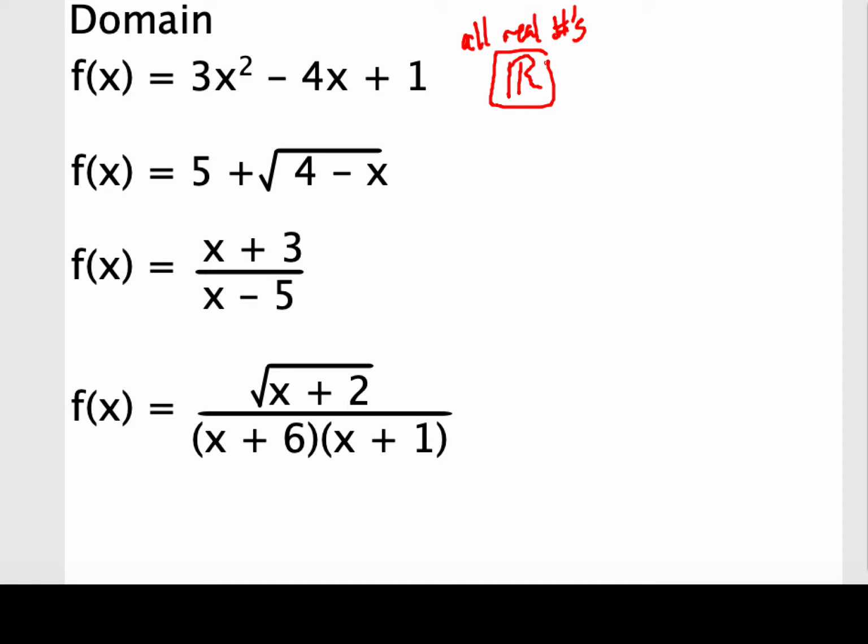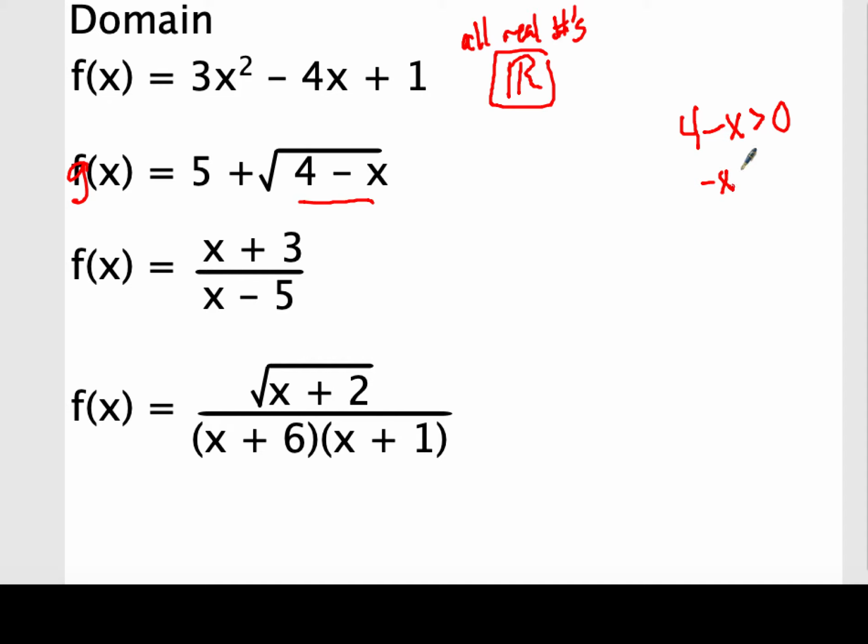Now, this second function, let's just call it g of x. I'm going to change that to a g of x there. So we're talking about function g of x. Now we've got a square root there. And remember, we said we're not allowed to plug in negative numbers under square roots and get real answers back. So what I need to guarantee myself is what's written underneath there. So that 4 minus x, I need to guarantee that that stays greater than 0. So let's just solve that real quick.